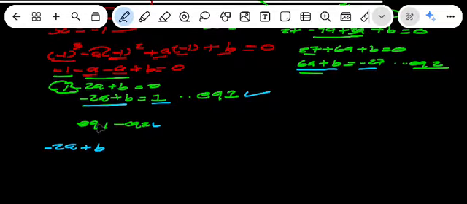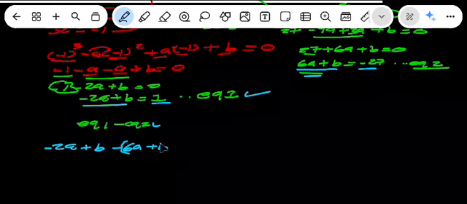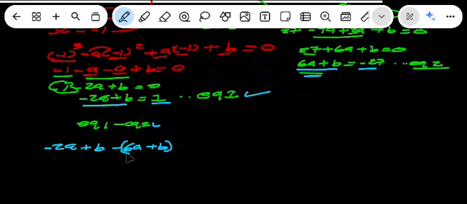The left hand side of this must be subtracted by the left hand side of that, so minus 6a plus b. Be careful, since you have two terms, you put the brackets, or parentheses, since you are subtracting. All right, this must be equal to what?